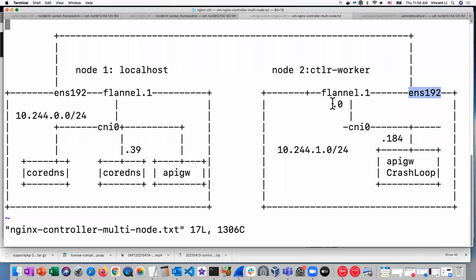And this flannel interface has the 10.244.1.0 IP address.